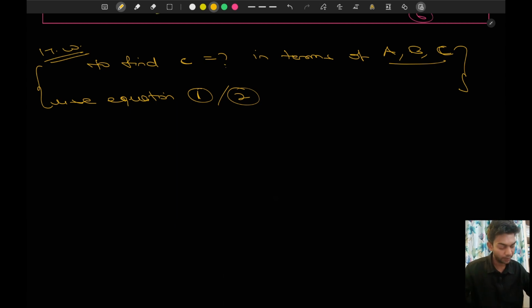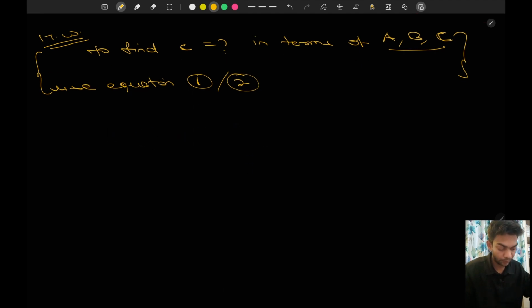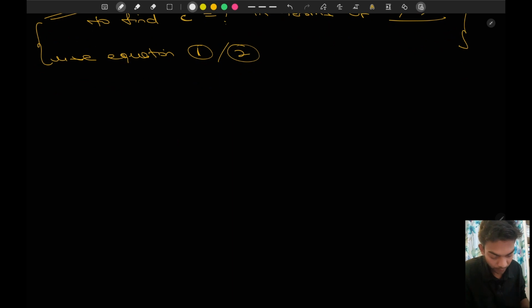So I will write the final expressions, replacing my a with del f by del x. My final expressions are: small a is equal to 1 over r sin theta.